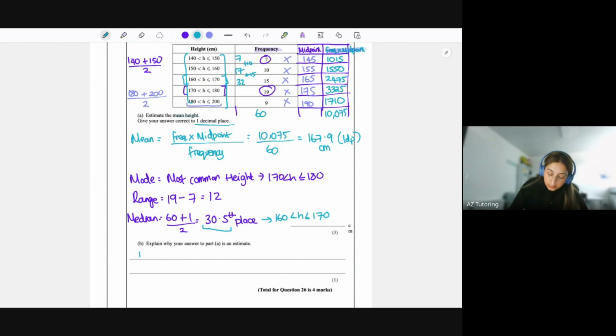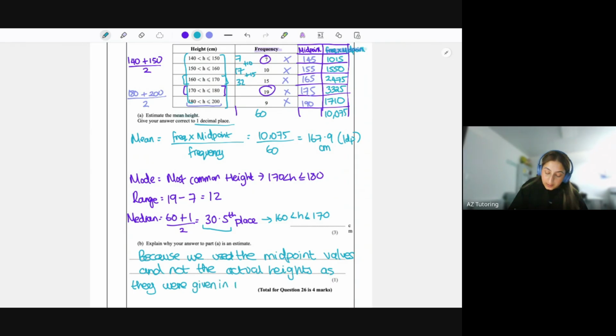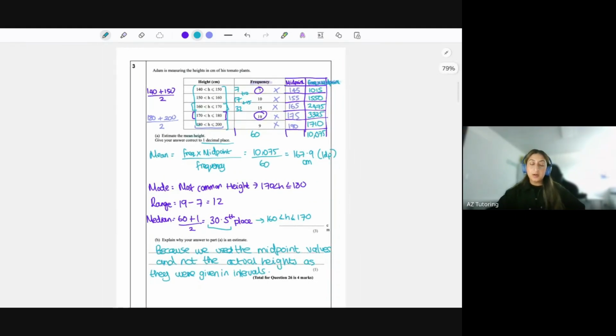It's an estimate because we used the midpoint values and not the real heights, not the actual heights, as they were given in intervals. So we didn't actually use the actual height, we used the midpoint of the interval, so that's why it's an estimate. So that's how you do averages from a frequency table.